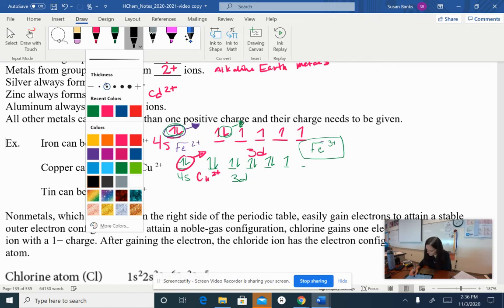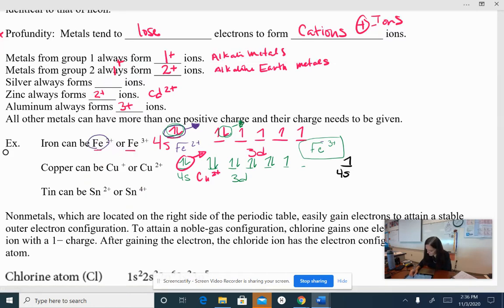So let's redo the 4s. 4s up. 1, 2, 3, 4, 5. 3d: 1, 2, 3, 4, 5, 6, 7, 8, 9, 10. If I take one of those electrons from the 4s and promote it up there, that gives this 4s sublevel exactly half full, and this gives me my 3d exactly full, which creates an even more stable copper.